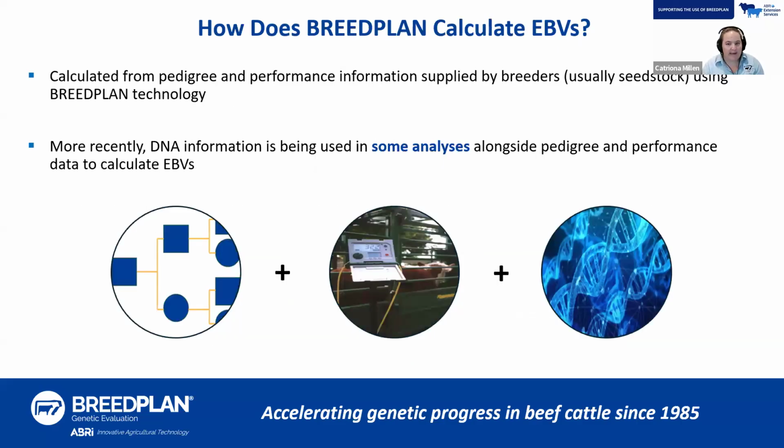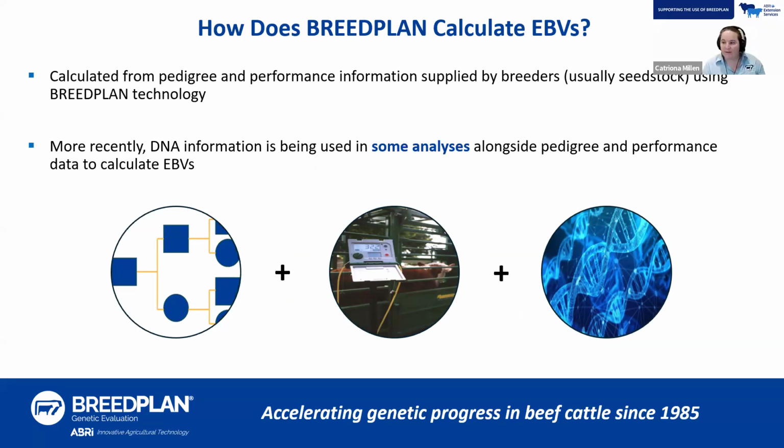So how do we calculate EBVs? Those EBVs are calculated from pedigree and performance information, or phenotypes, that are supplied by breeders, usually but not always seedstock, using BREEDPLAN technology. And more recently, DNA information has been used in some analyses alongside pedigree and performance data to calculate EBVs.